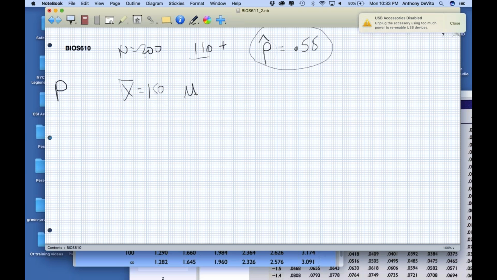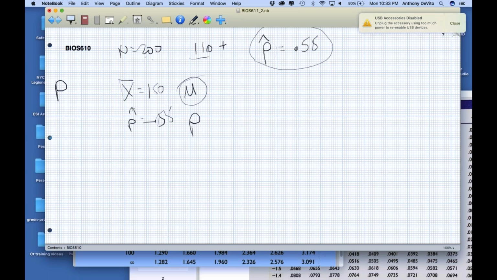We're really interested in using X bar to deduce what mu, the population mean, is. Similarly with P, when we calculate P cap, it's 55%. We're not really interested in that. We really want to know how that helps me know what P is, the proportion for everybody that's going to vote on Tuesday.